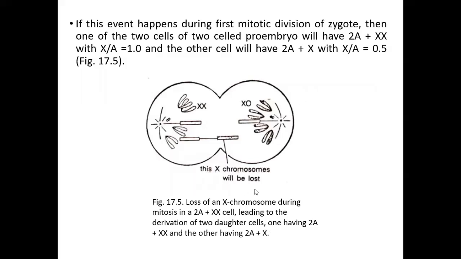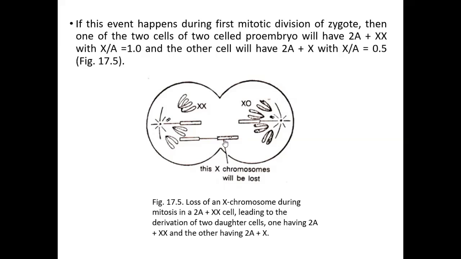Okay, if the sex chromosome is lost during the first mitotic division of a zygote, then one of the two cells of the two-celled pro-embryo will have two autosomes plus XX.